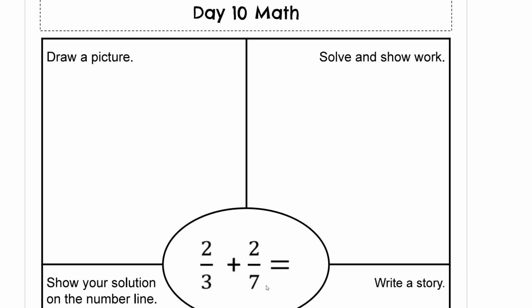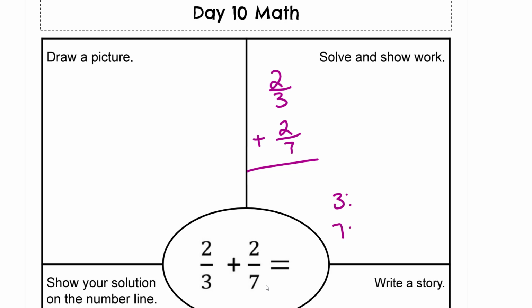So come up here. We would like to put this in vertical. So you have 2/3 plus 2/7. And you need to find common denominators for 3 and 7. So let's look at our multiples. Well, we both know that these are both prime numbers. What do we know about prime numbers?